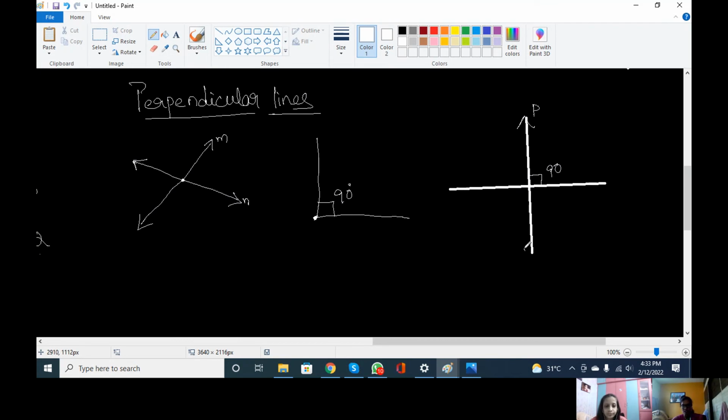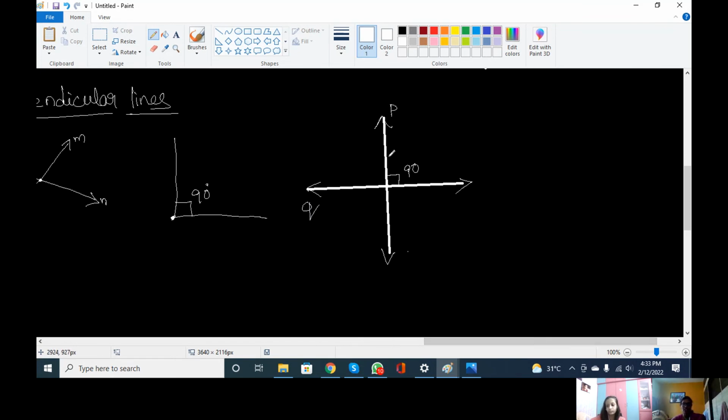This is a P line and this is a Q line. So this P and Q is perpendicular to each other. So these two lines also we can represent in a short form. That is, P is perpendicular to Q, like reverse T. It is looking like reverse T. P is perpendicular to Q.